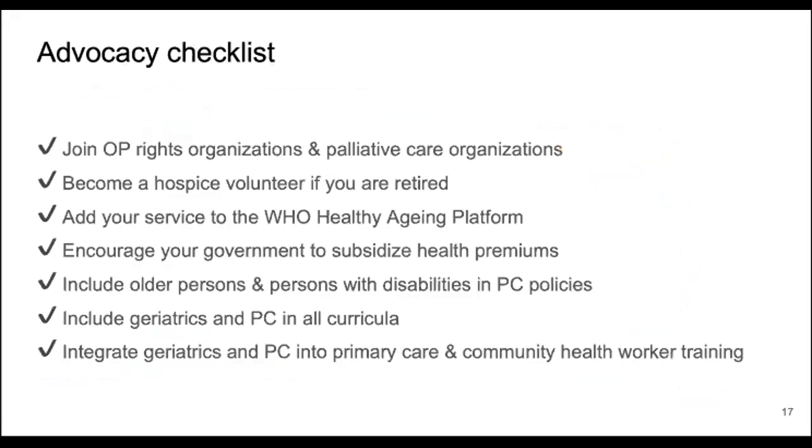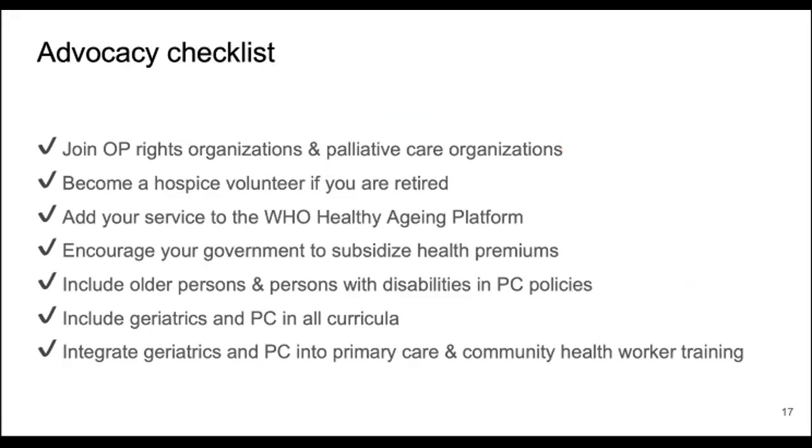So here's a checklist of just a few things. Join an older persons' rights organization and a palliative care organization to do more advocacy. Become a hospice volunteer if you're retired. Add your service to the WHO Healthy Aging platform. You can log on to that.